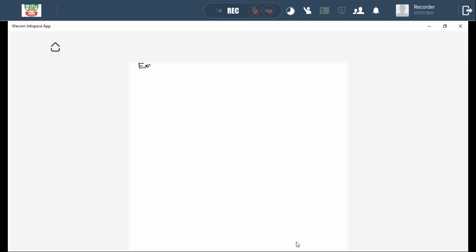Right, example 2. What does it say? Sketch the following. Let's look at the next one. I'm just going to sketch the following expressions.